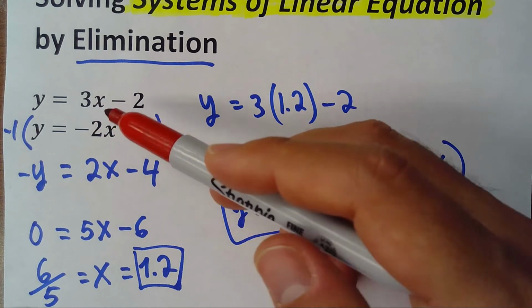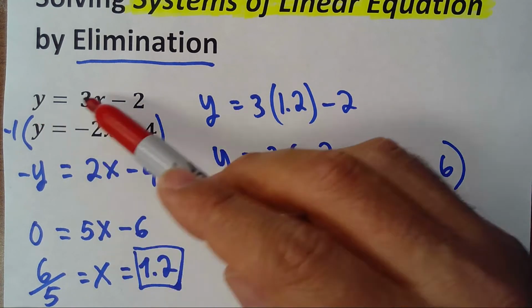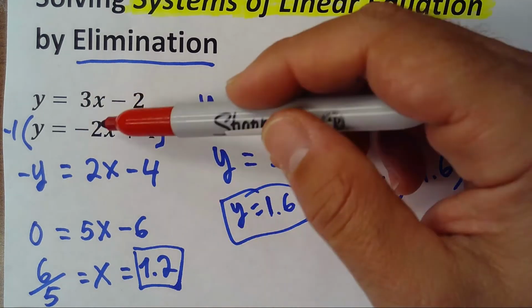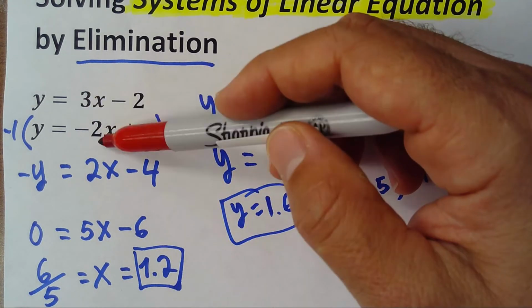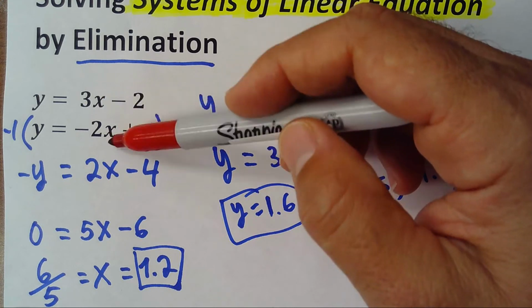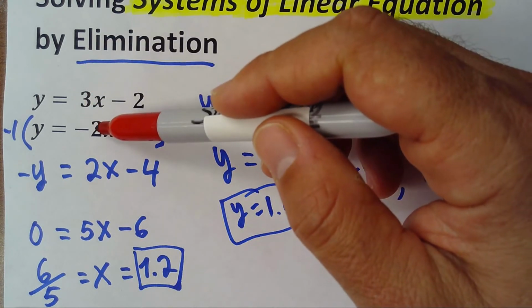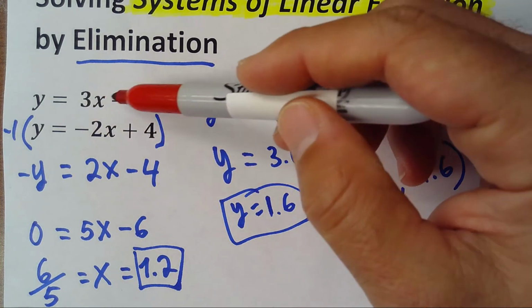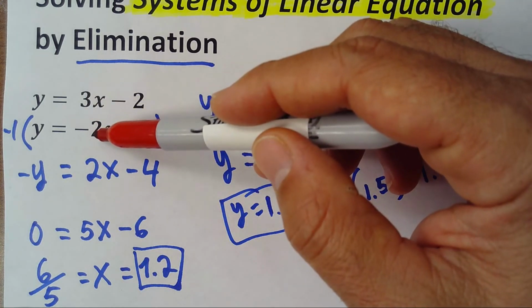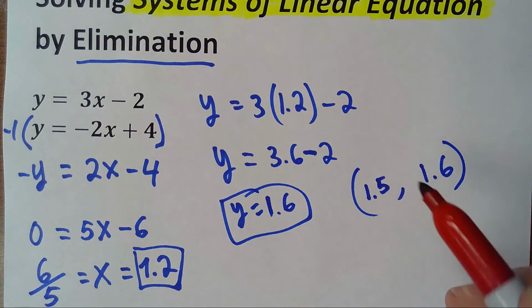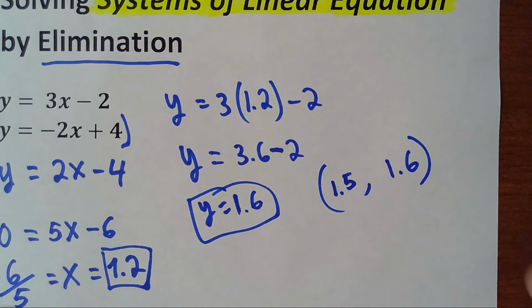What we do is change the coefficients of the variable we're gonna eliminate. So I will multiply the first equation by 2 and the second equation by 3.